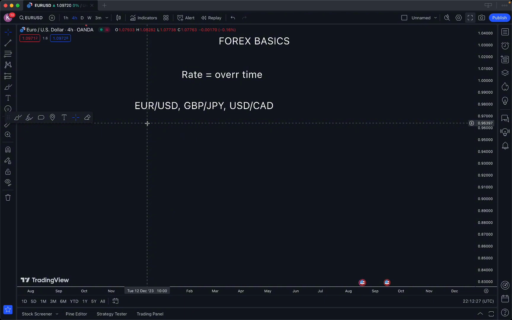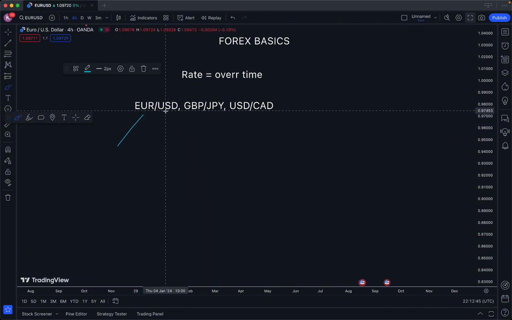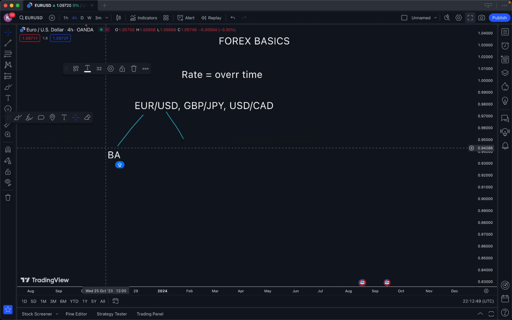So anytime you see a pair such as the euro against the United States dollar, the pound sterling against the Japanese yen, the United States dollar against the Canadian dollar, the first currency in the pair is the base currency. And the second currency in the pair is called the quote currency.